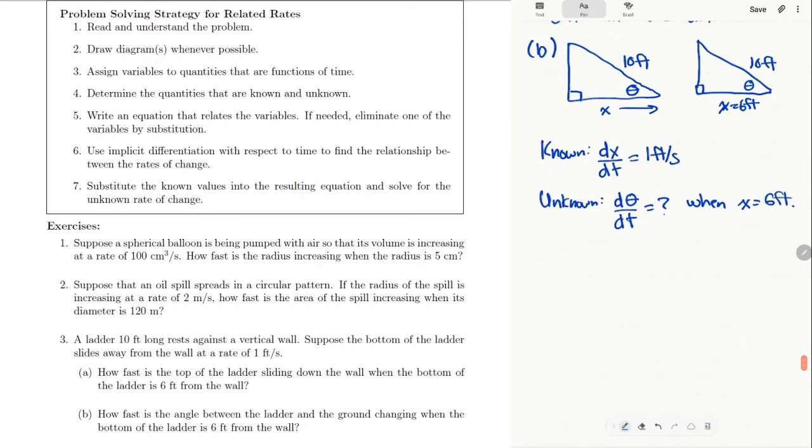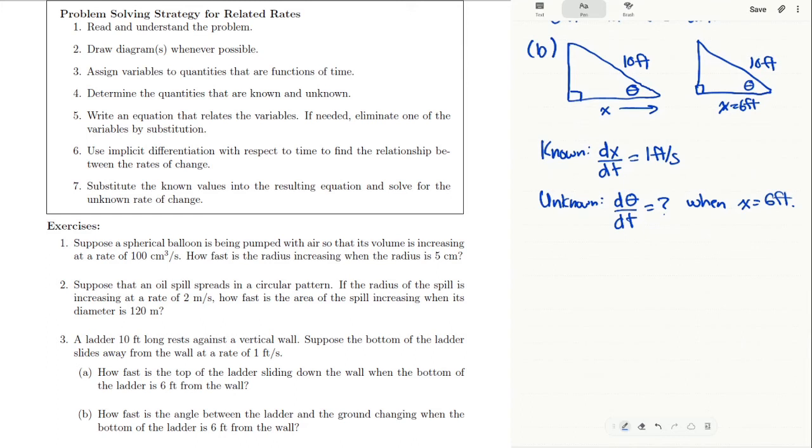So the first thing is to write down an equation that relates our quantities in our general picture. So we have the angle theta, we have the sides x and 10 in our right triangle. So which trig ratio will relate these quantities together?